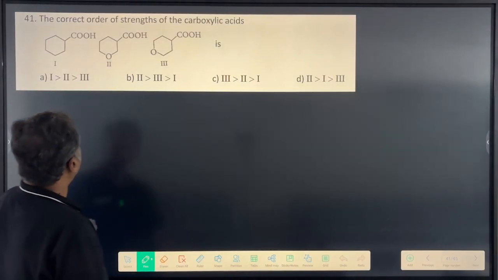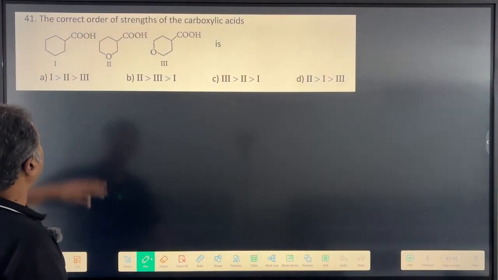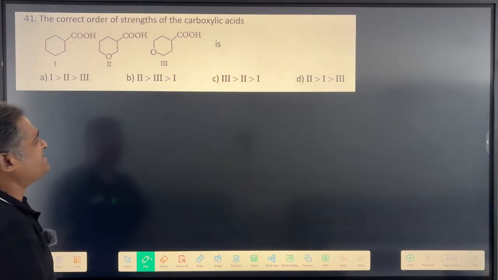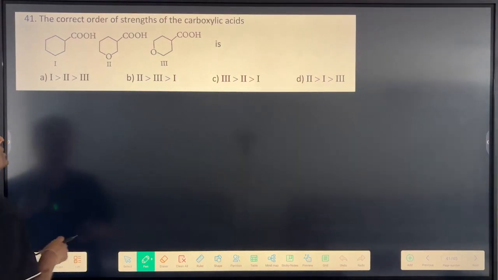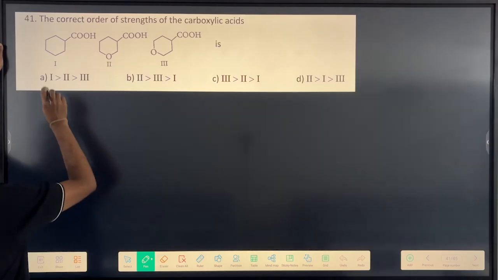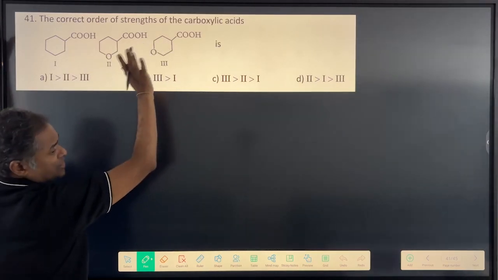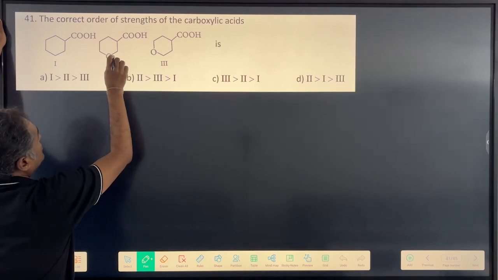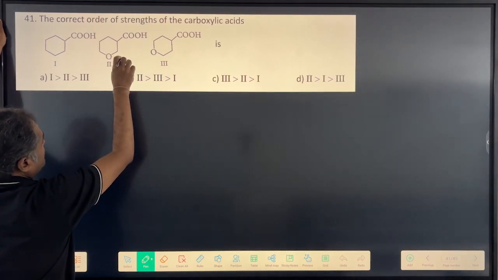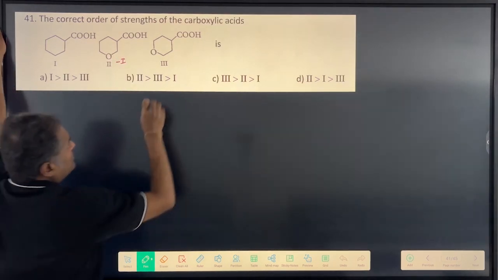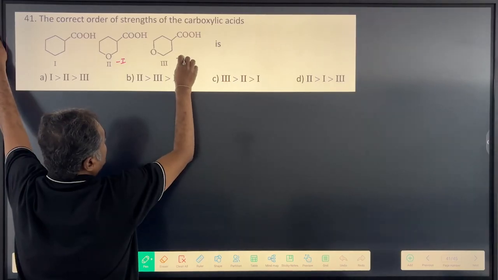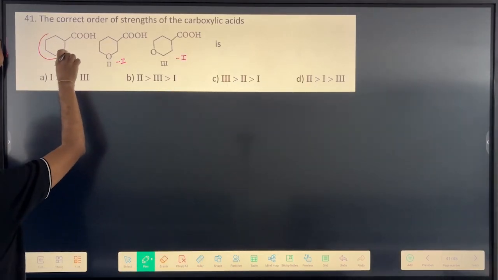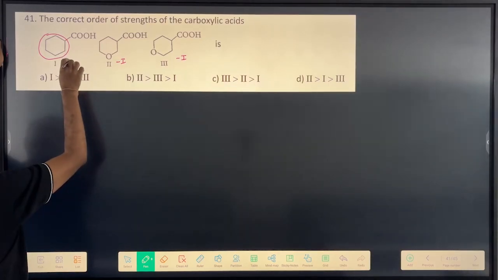Now, here child, we have got one question: the correct order of strength of carboxylic acids. Now, basically when you talk about acidic strength, everywhere we have got a carboxylic group, correct? Now, in the second example, you have got a functional group which shows minus I effect. In the third example also you have got a functional group which shows minus I effect. And in the first case, child, we don't have any functional group which shows minus I effect.